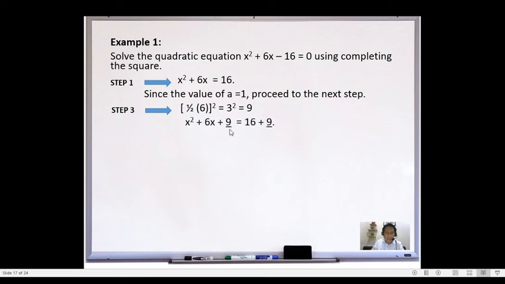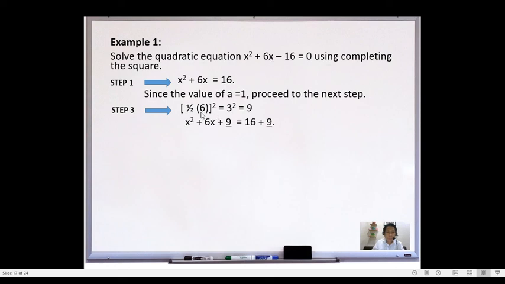So here we are going to look for a number wherein we are going to make this one a perfect square trinomial. So how do we get 9 here? So that is, get 1/2 the coefficient of x, that is equal to 6, and then square it.